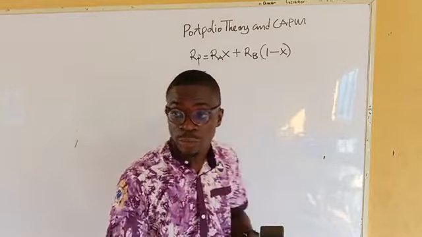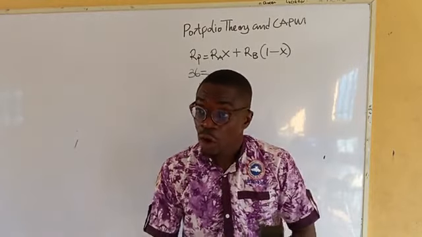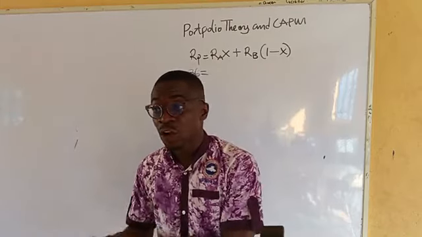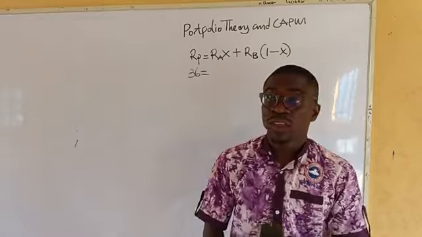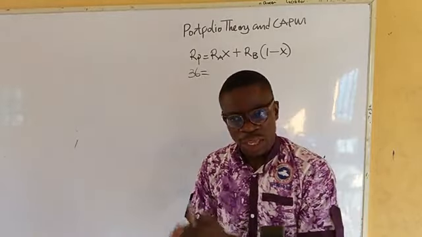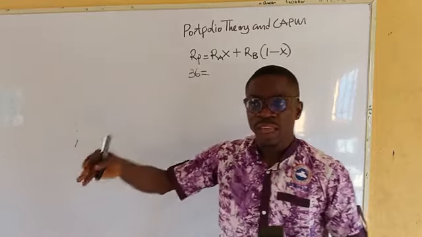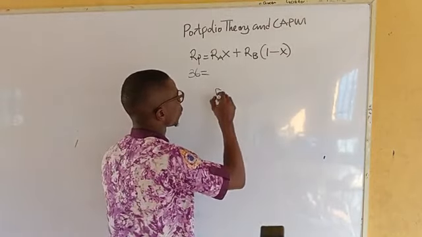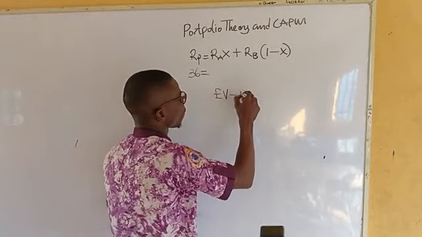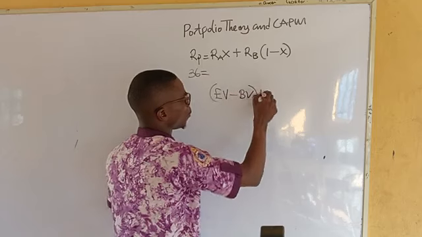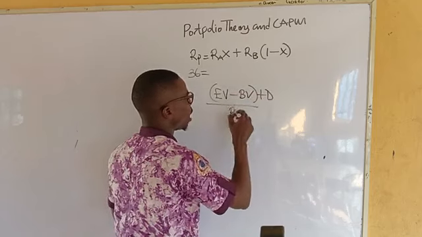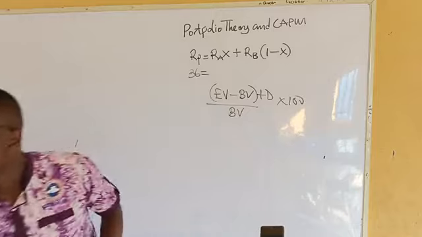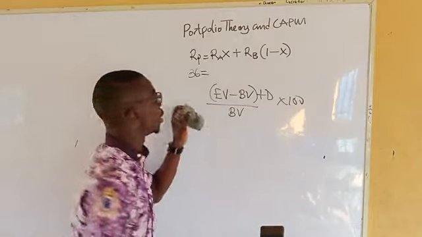Remember, the value at the end of the period minus the value of the investment at the beginning of the period, divided by the value of the investment at the beginning of the period, plus dividends divided by value at the beginning, times 100. We have done that. Are we together?